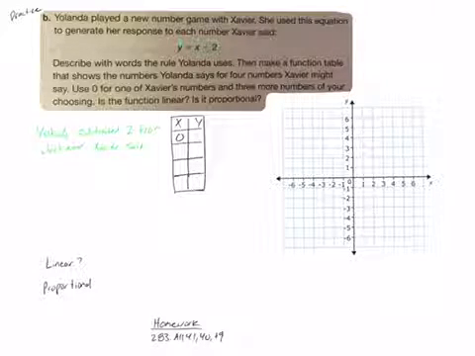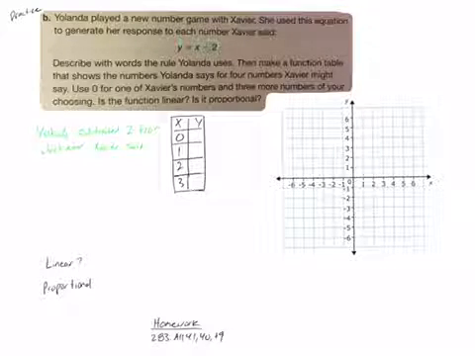Next it says, then make a function table that shows the numbers Yolanda says for 4 numbers Xavier might say. Use 0 for one of Xavier's, and then 3 more of your choosing. So notice I already put the 0 in there. Just go ahead and keep it easy and go, I don't know, 1, 2, 3. So those are numbers that Xavier said.